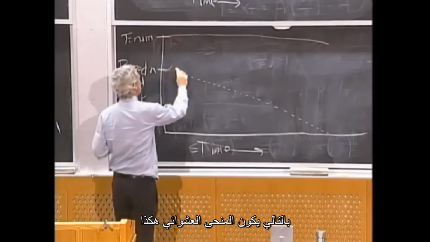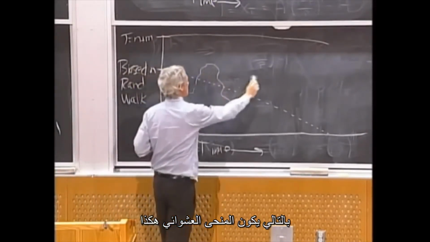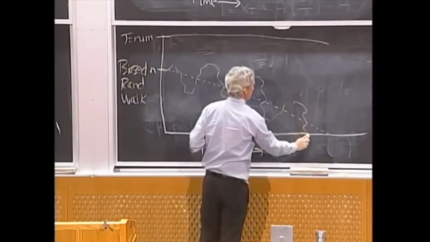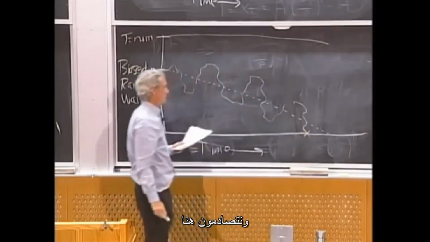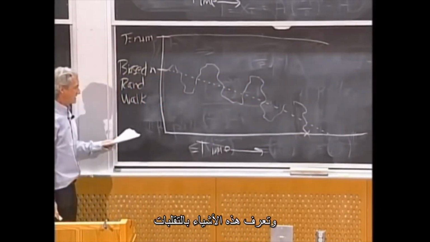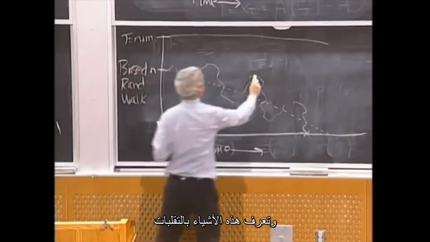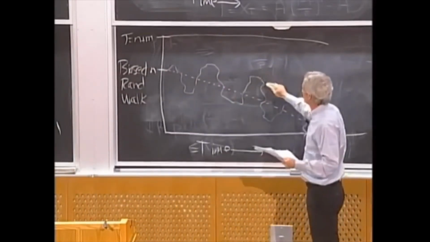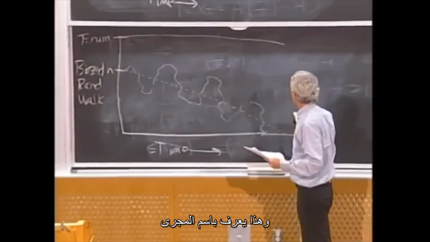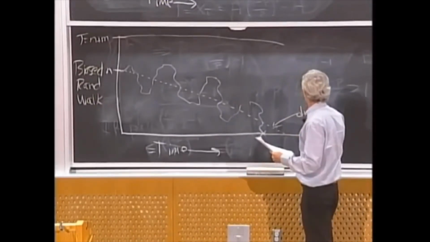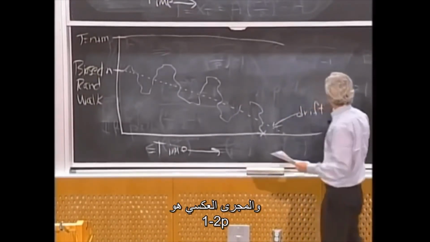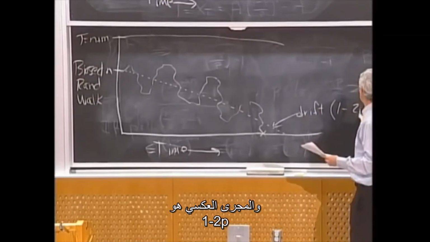And so you're taking these random walk, and you collide here. And these things are known as the swings. This is known as the drift. And the drift downward is 1 minus 2p.